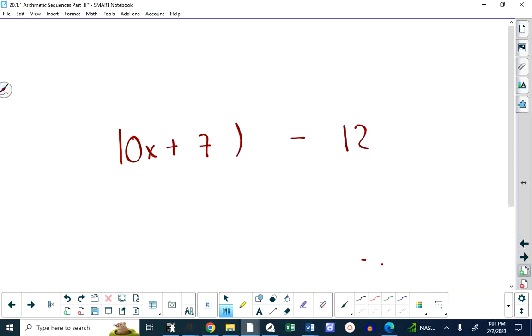Why don't I need brackets here? Well, this would be very similar to me saying that I have my commission in a job, which is a certain percent of the sales that I make, plus I have my other pay, and you're going to subtract taxes.